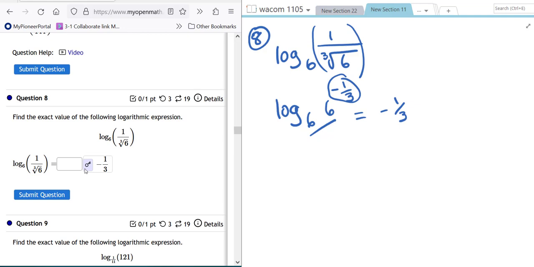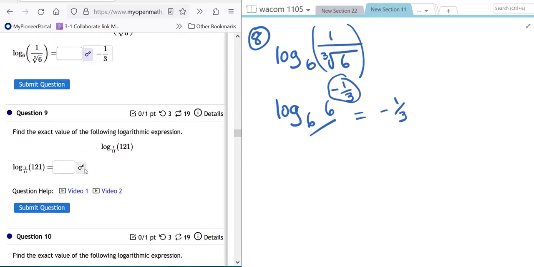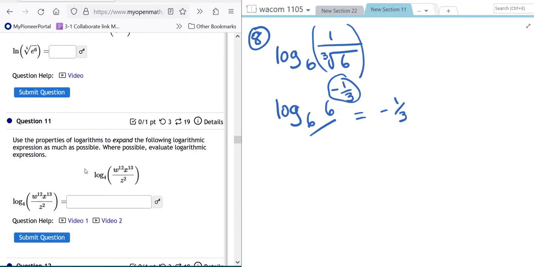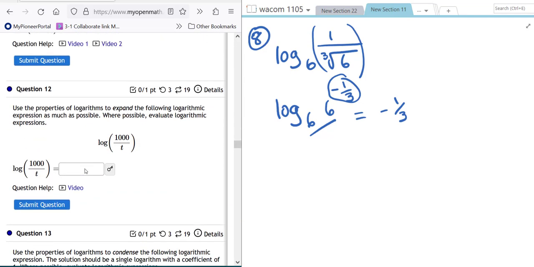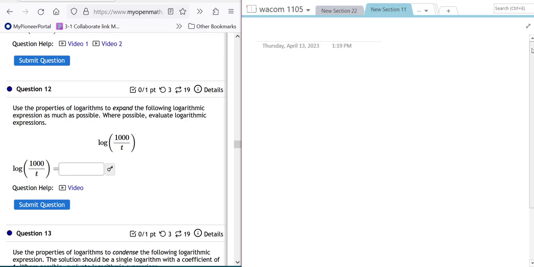All right, the next one I have is 12. All right, and this one asks us to expand.